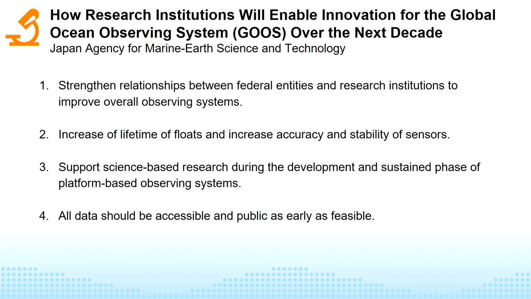This is really about the battery. Increase the accuracy and stability of the sensors, and support science-based research during the development stage. This is very important for many of the researchers. And sustain the platform-based observing, which I guess is more of an operational mode. All the data should be accessible to the public as early as feasible.